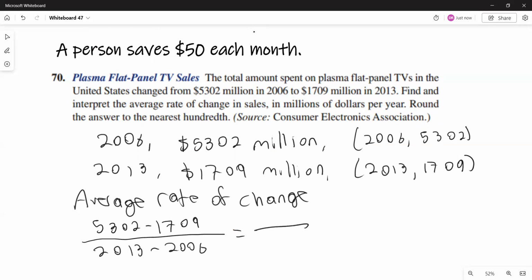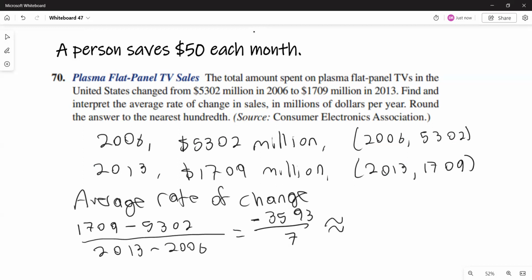So that's going to be, well, actually I'm making a mistake. Yeah, that's negative because the sales are decreasing. So actually 1709 minus 5302, and this is negative 3,593 divided by 7.